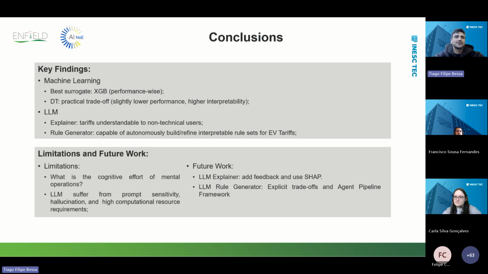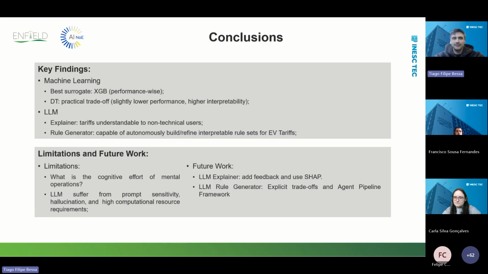Regarding the LLM, we saw that the rule-generation framework was capable of building and refining, at each iteration, interpretable rule sets for EV charging tariffs, and that the explainer was able to translate this model to non-technical users.